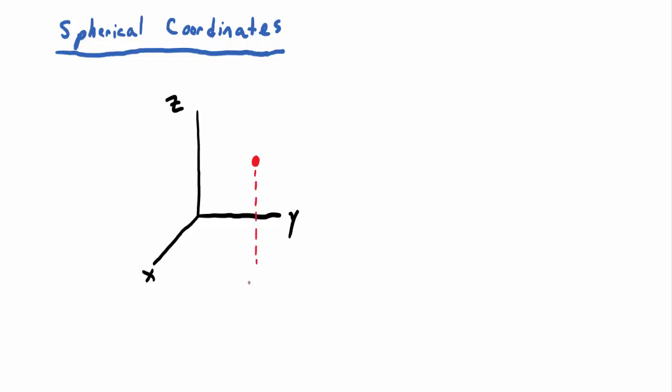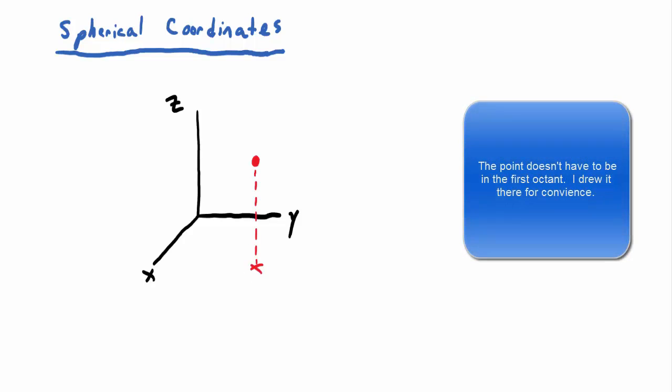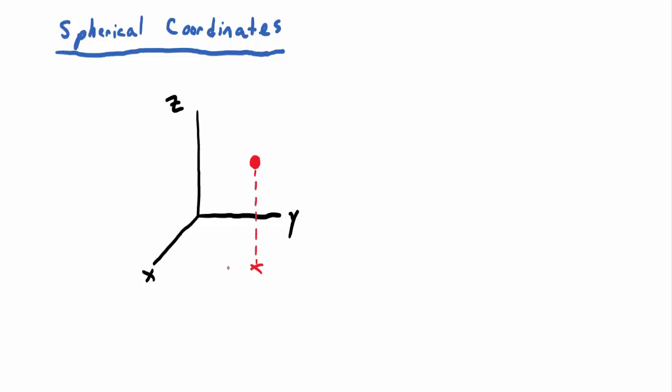If you projected it down in the xy plane, it would land there if it went straight down. There's another way to describe the position of this point in space. You could just take a direct distance from the origin to that point. So this distance from the origin on out, we call that rho.